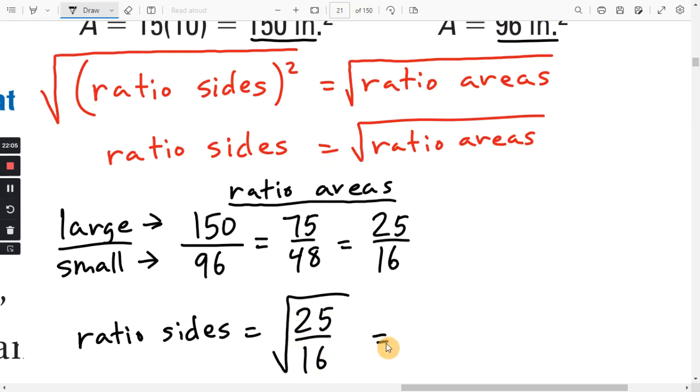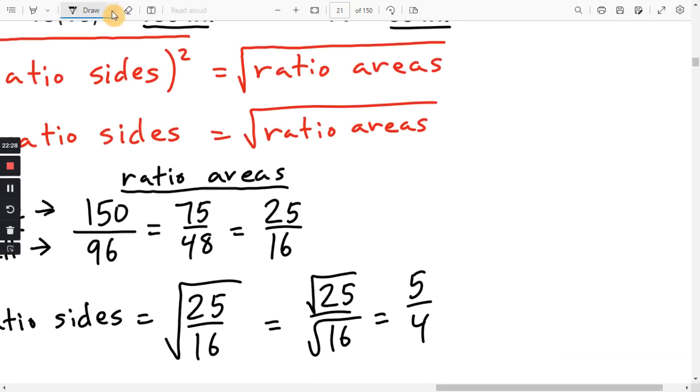Now, just like when you square a fraction, when you take the square root, you do top and bottom individually. So it's the square root of 25 over the square root of 16. And the square root of 25 is 5. Square root of 16 is 4. Okay, that's the ratio of the sides.